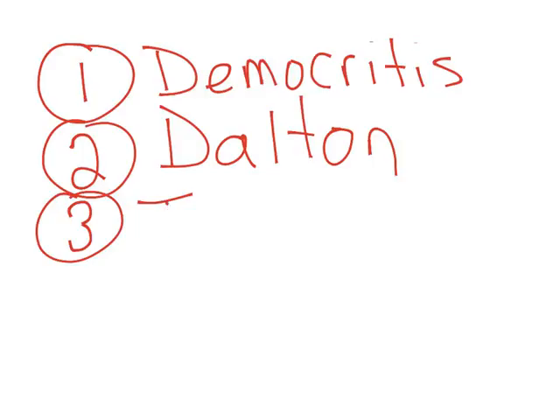Our next model we talked about was Thomson's model, and that was our plum pudding model. So Thomson said that an atom was made of a positive substance, and there were negative particles stuck in the positive substance. So that's where we came up with the idea of electrons.